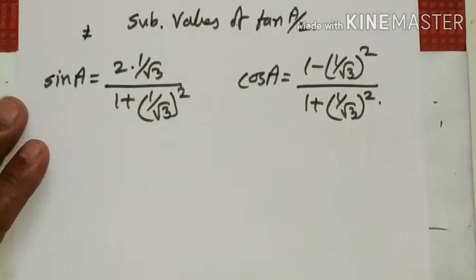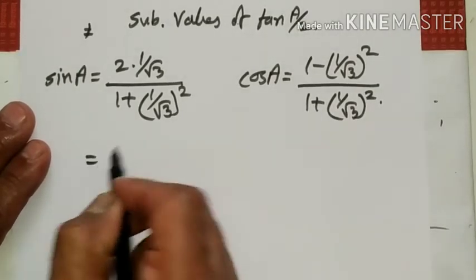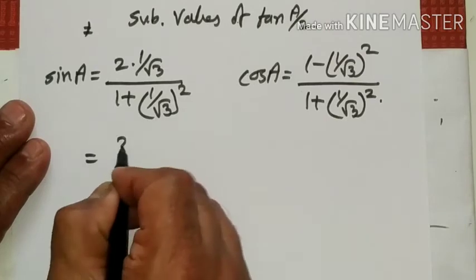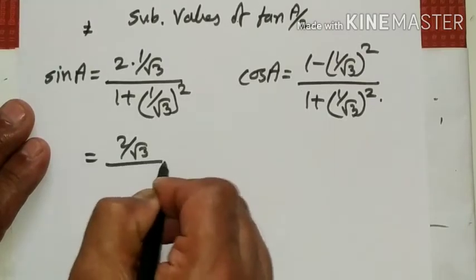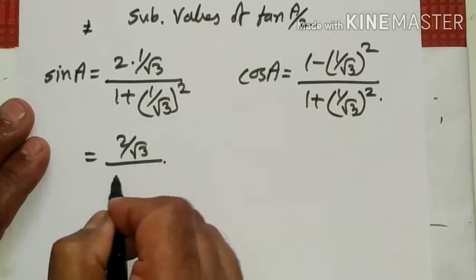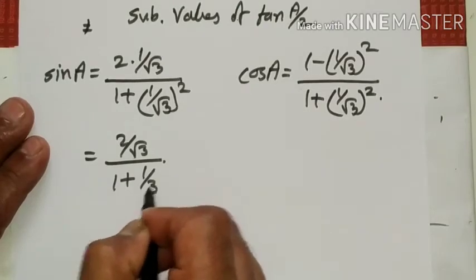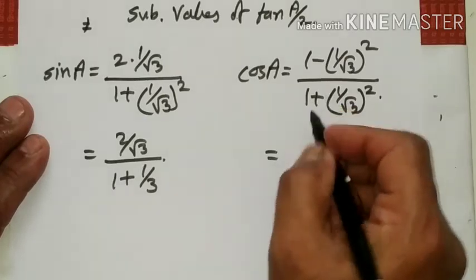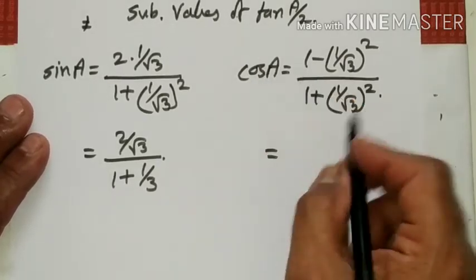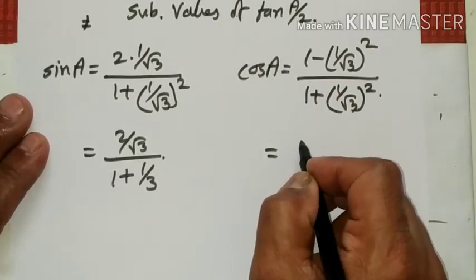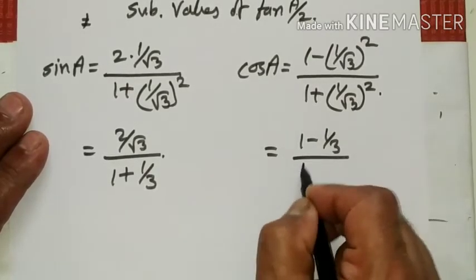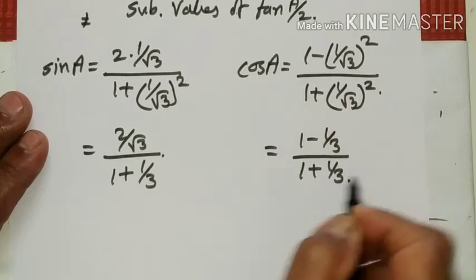Then taking LCM, we get 2 upon root 3 divided by 1 plus 1 upon 3, root 3 square is 3. Similarly for the cos a, 1 minus 1 upon 3, 1 plus 1 upon 3.